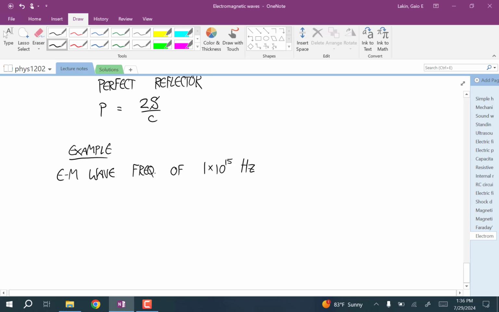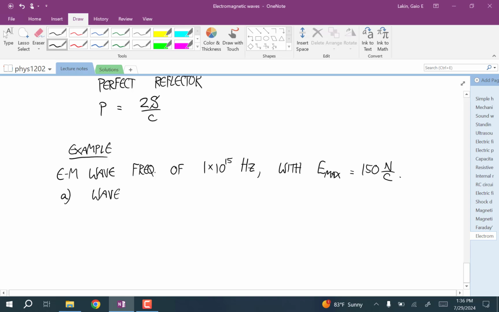And let's say that we know that the maximum value of the electric field is 150 newtons per coulomb. And we want to figure out the following things. What's the wavelength? And can we identify what kind of electromagnetic wave that is?